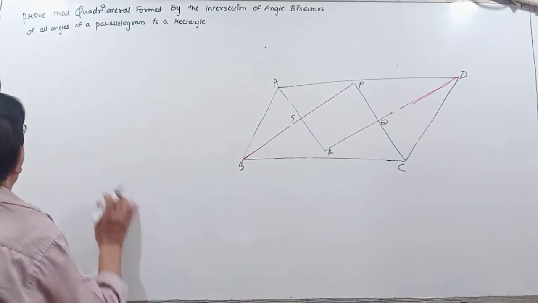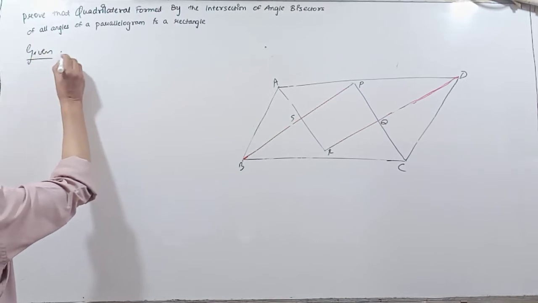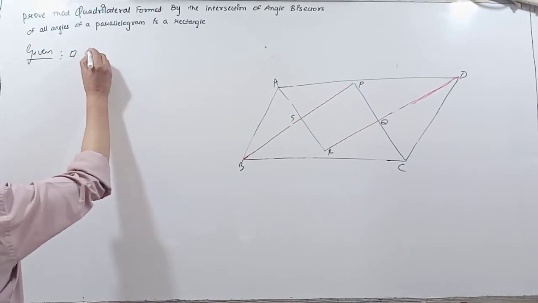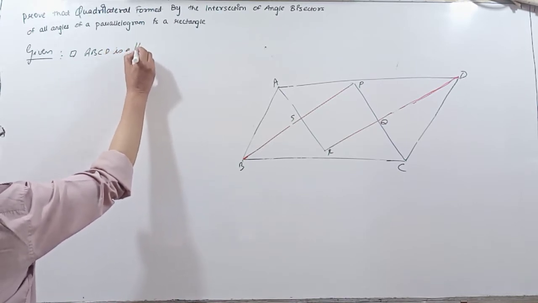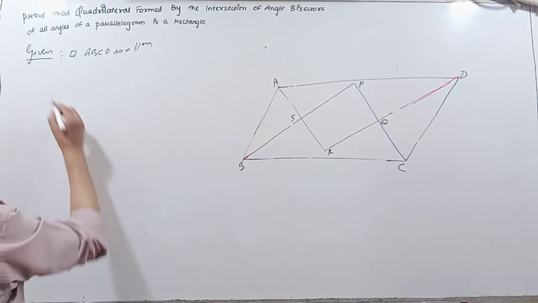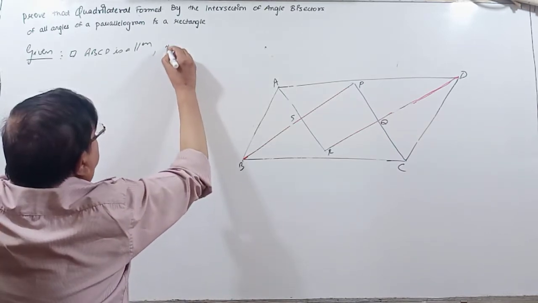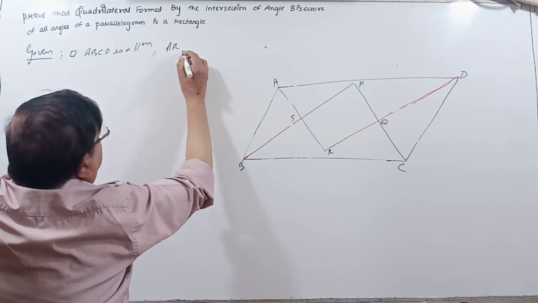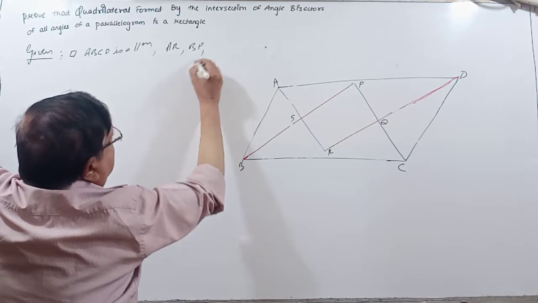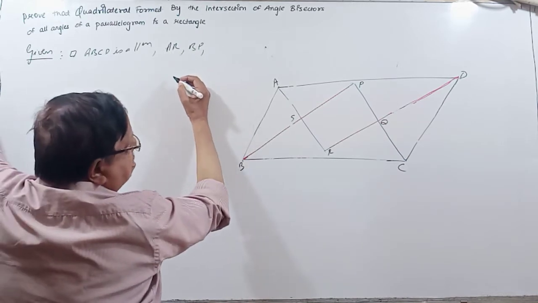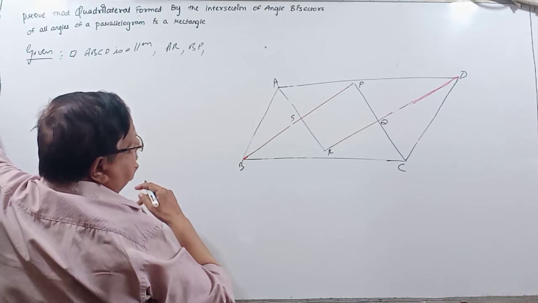Now let us try to prove. What is given? Given quadrilateral ABCD is a parallelogram. And what else is given?